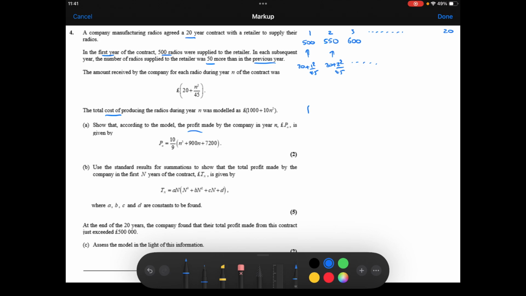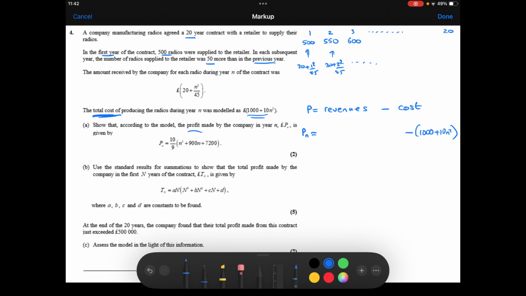Well, I know the profit is going to be their revenue, how much money they get, take away their costs. And we've been told what the costs in year N is there. So the profit in year N will be their revenue, we'll come back to that in a moment, minus their costs in year N. Because that was the total cost.